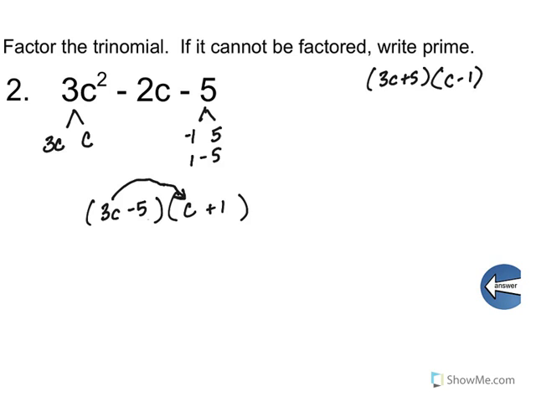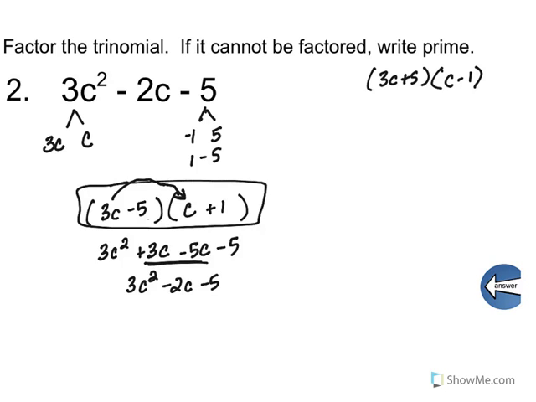So 3c times c, that's 3c squared. 3c times 1, that's positive 3c, minus 5c, minus 5. And so I know that when I combine these two in the middle, I get negative 2c. So I have 3c squared minus 2c minus 5. And so my factors for this one are 3c minus 5 and c plus 1.